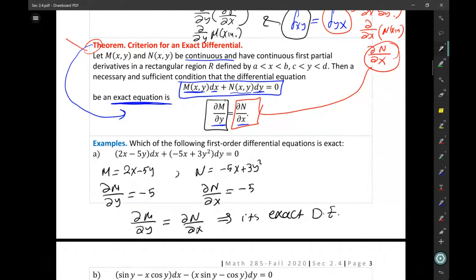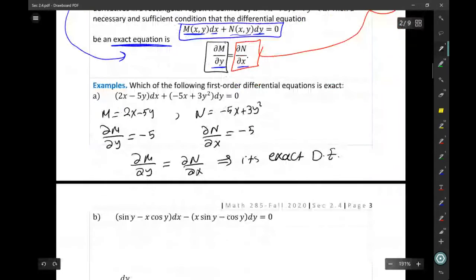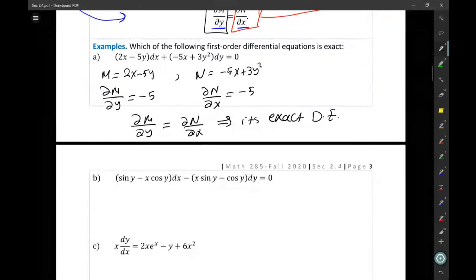So it is an exact differential equation. Is it clear here? Yes, sir, that's clear. It was a good example.